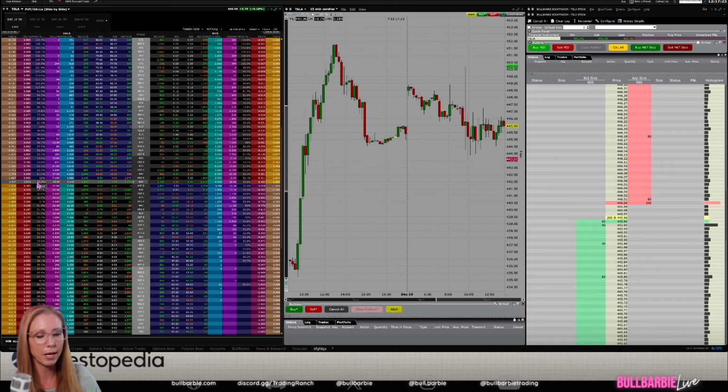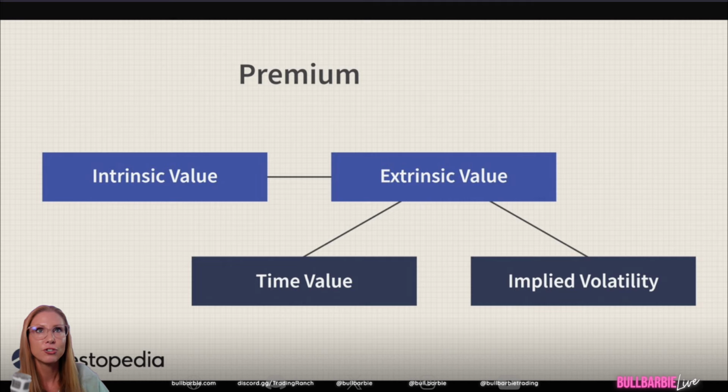If we have the implied volatility really elevated because we're coming into earnings or something like that, you have to remember that if that implied volatility is because of an event like earnings, once that event is gone, that implied volatility is gone. So when we're degenerate options gamblers on earnings, that's why it's a zero or hero move. Because you're paying an extra premium, extra extrinsic value here because of that implied volatility.